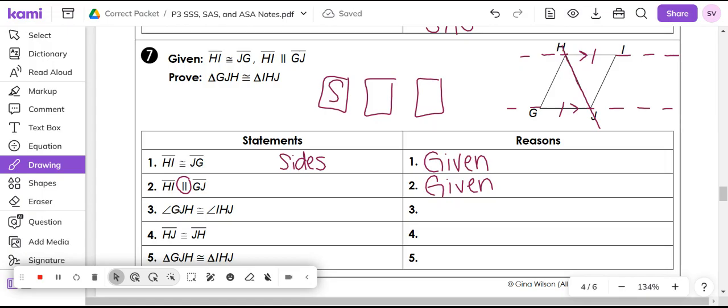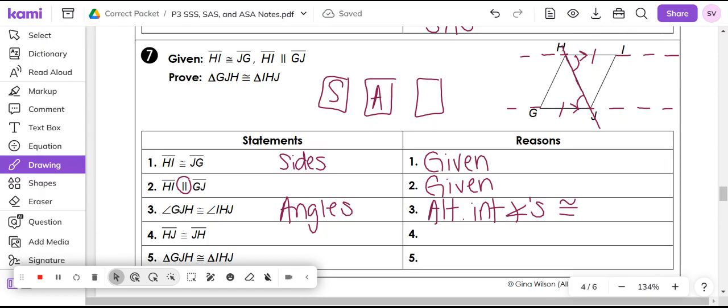But if we have GJH, that's this angle here, is congruent to IHJ, that's this angle here, that is a pair of alternate interior angles. So we can say alternate interior angles congruent. Okay, because we have the parallel lines first. So now we can say that we have alternate interior angles. Again, alternate interior angles, they're in between the parallel lines and one is on each side of the transversal. So that's a pair of angles.